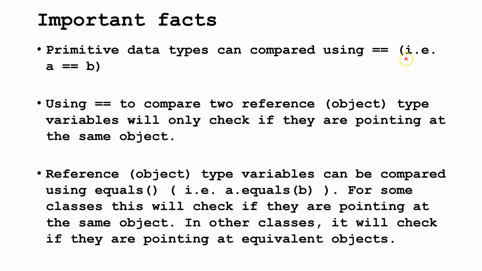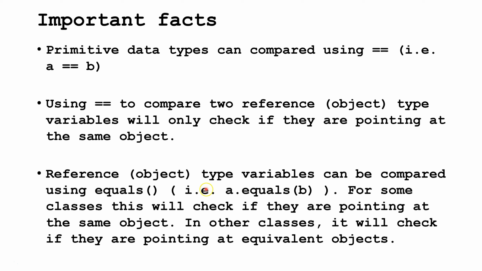Some key facts to know. Primitive data types can be compared using double equals. For example, if we've got two primitive variables, we can say A double equals B, and that Boolean expression will return either true or false. Using double equals to compare two reference, also known as object type variables, will only check if they are pointing at the same object, not whether those two objects have equal values.